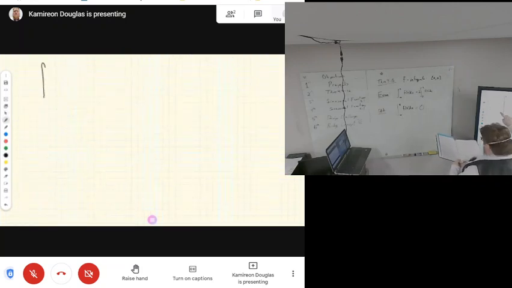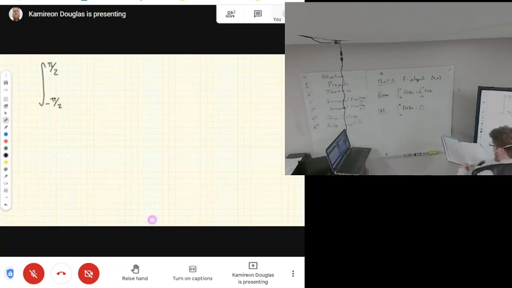We're doing the integral from negative pi over 2 to positive pi over 2 of sine cubed of x times cosine of x plus sine of x cosine of x dx.